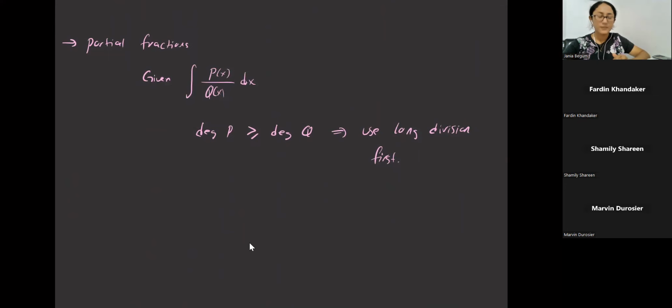Partial fractions, right? I think that's the last one. I don't remember anything right now, but please look into the notes if I'm missing something. This is what I can think of at the moment: integration by parts, trig integrals, trig substitution, partial fractions. That's it.